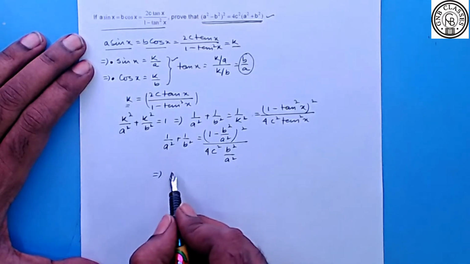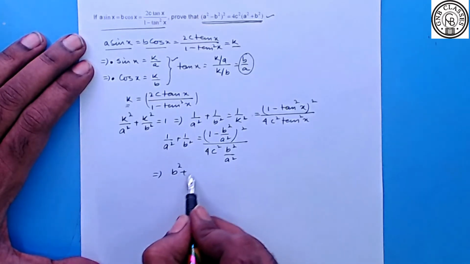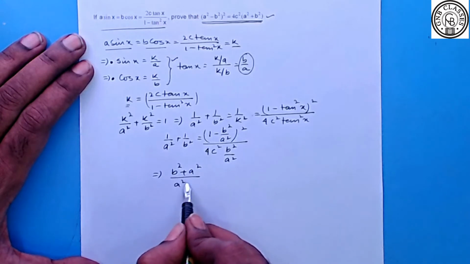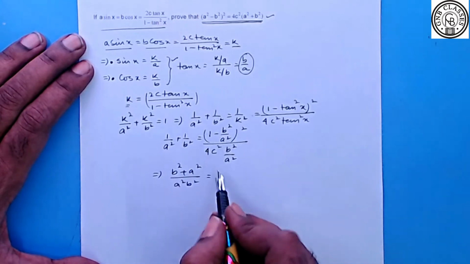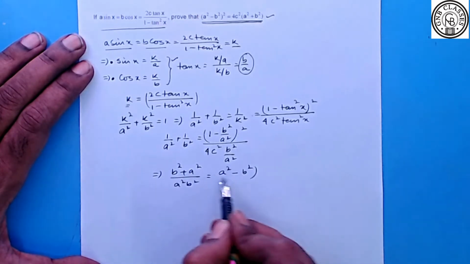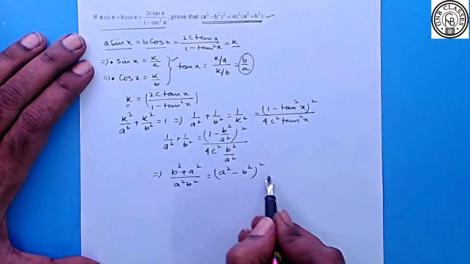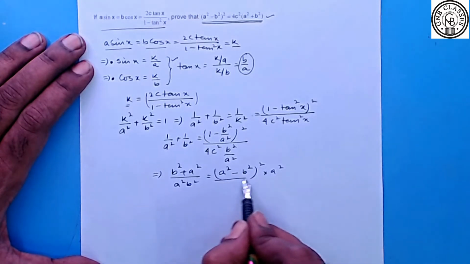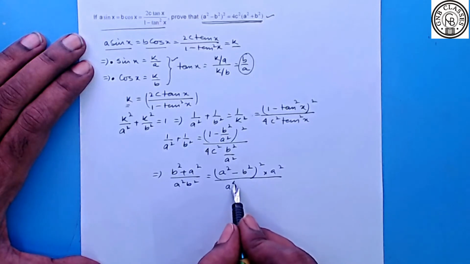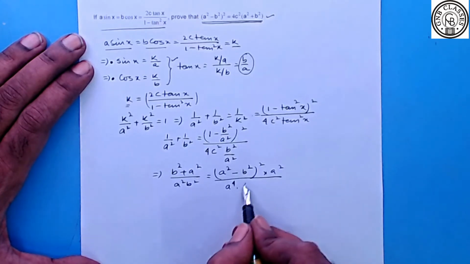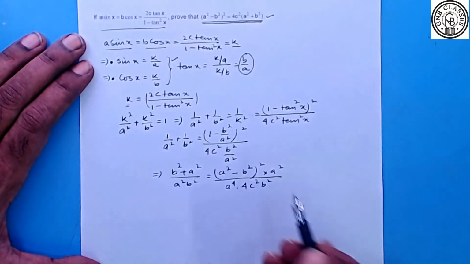So on the left hand side, if we simplify, we get (b square plus a square) by a square b square equals (a square minus b square) whole square into a square divided by a to the power 4 into 4c square b square.